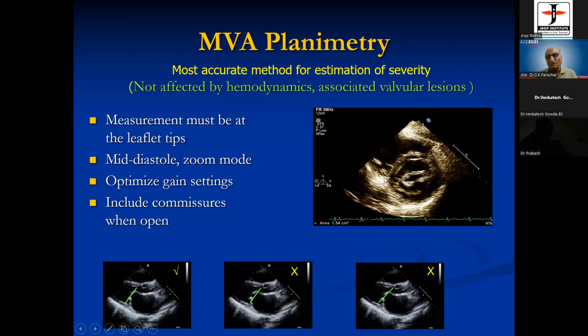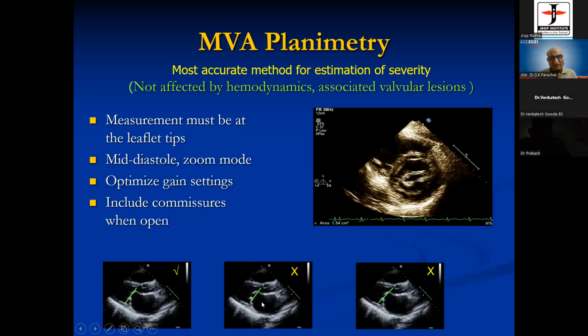Then you come down to the valvular level. Then you come down to the papillary muscle level. From the papillary muscle level, as we slightly come towards the mitral valve, you freeze it, and then you see the mitral valve, and you planimeter it. So this you can very easily understand.